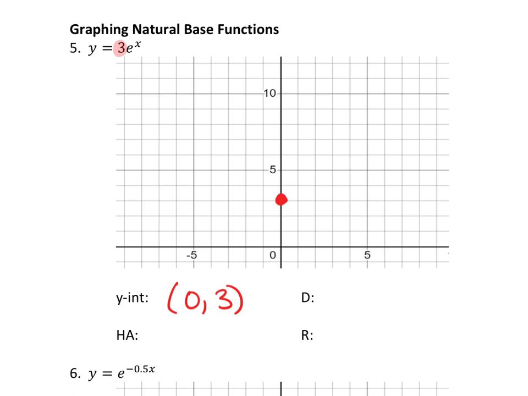When you type in 3e with the natural number e, what does it give you? 8.15? Great. So we're going to take 8.15 and make that our next coordinate point. Now 8.15 is kind of like, well, I'm just going to do my best. You're right. You're just going to do your best. You're going to make 8.15 your next output, which is about right there.